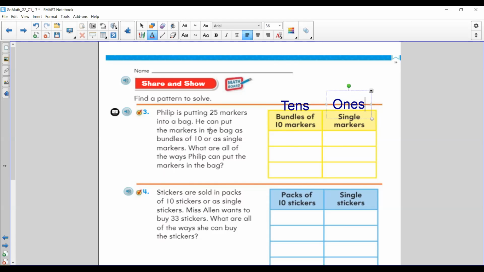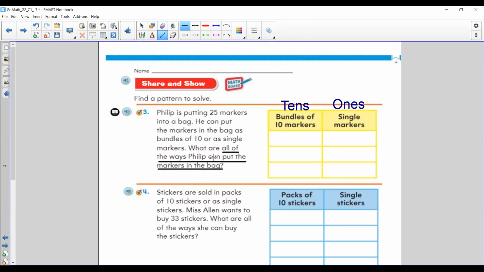So what do we need to find? We need to find all the ways that Philip can put markers in the bag. And what information do we have? He has 25 markers, and he can put them in bundles of 10 or as single.